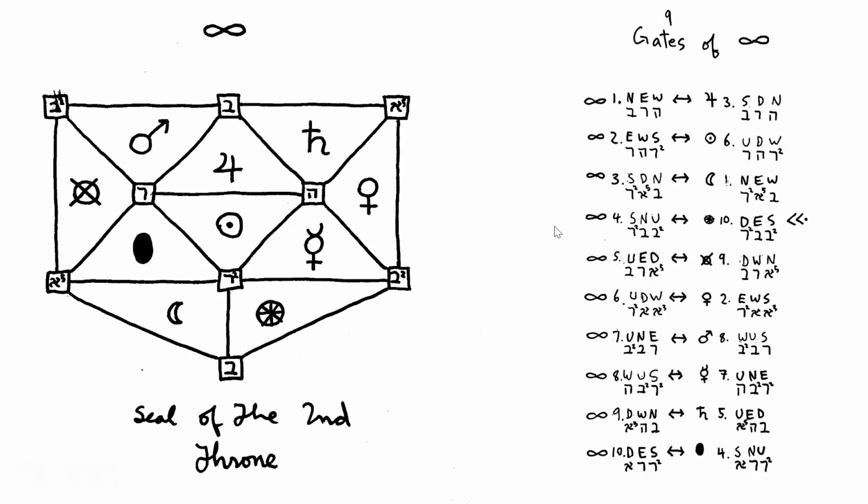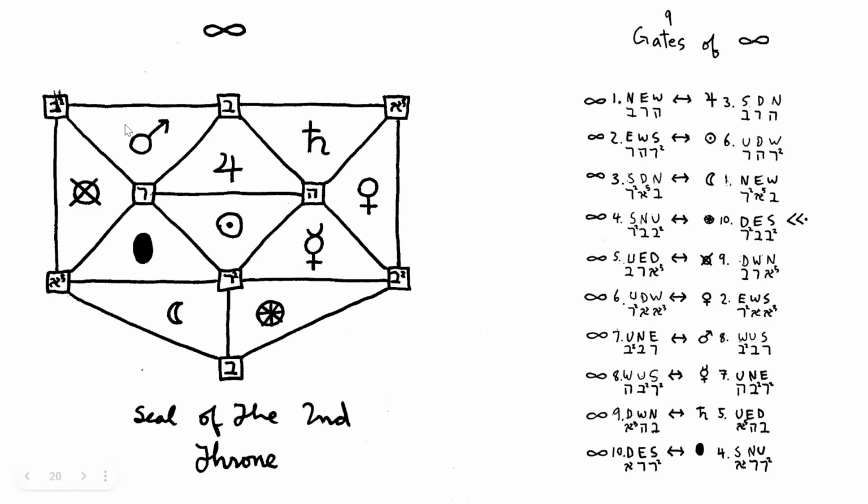There's only one gate, so whichever throne it appears in first is the throne it's in. So Kether has 10 gates, and Malkuth has no gates, because by the time we get to Malkuth, all the gates have already been opened.